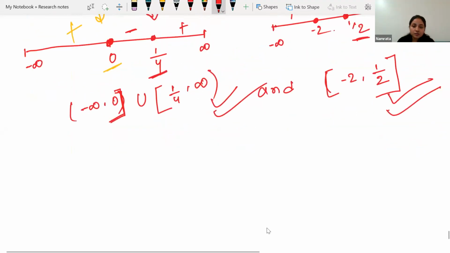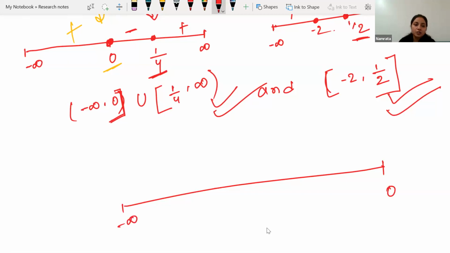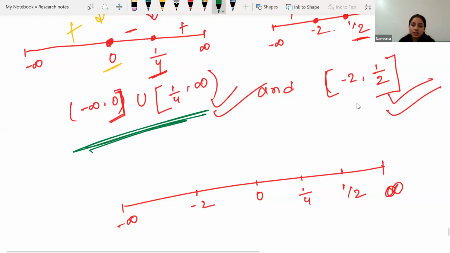Let's take the intersection. Let's locate all the points. Negative infinity, 0, positive infinity. We have -2, we have 1 by 4 and 1 by 2 also. We have located all the critical points. Now we will find the solution set. We need to take the intersection of this solution and this solution, the common region which will come in both.